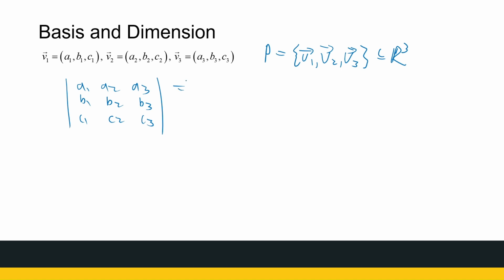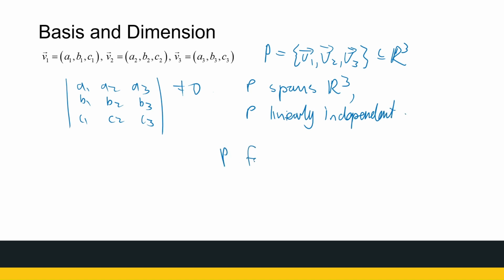If that determinant is non-zero, then I can say that P spans R3, and that P is linearly independent. And together that means that P forms a basis for R3.